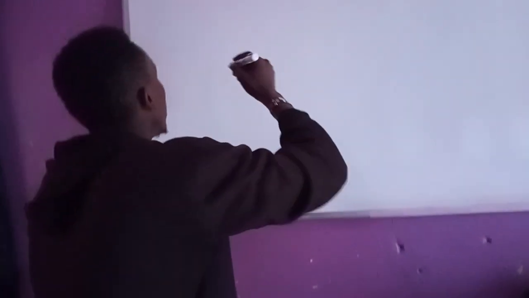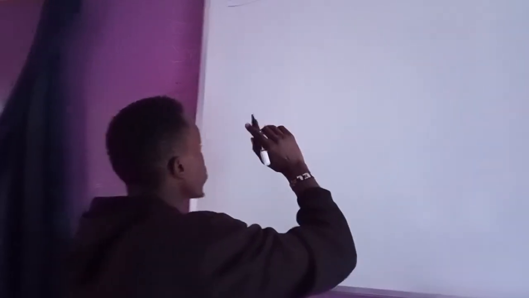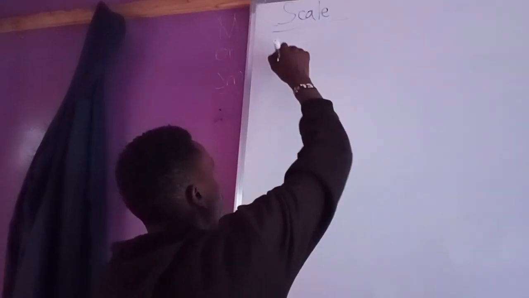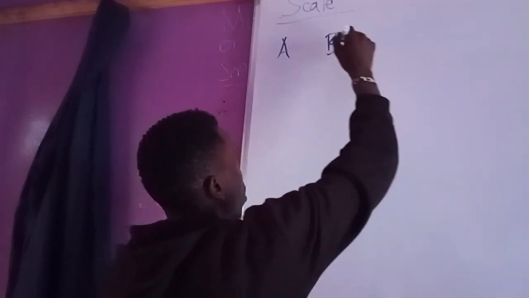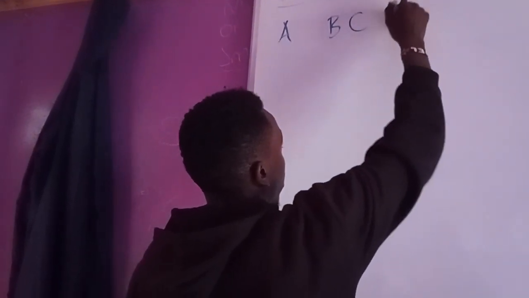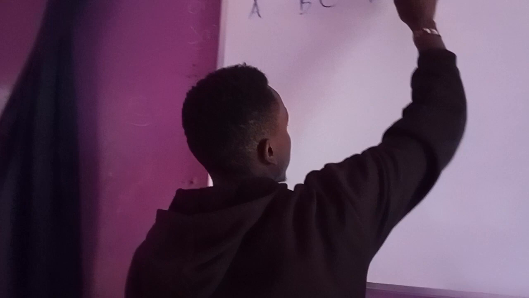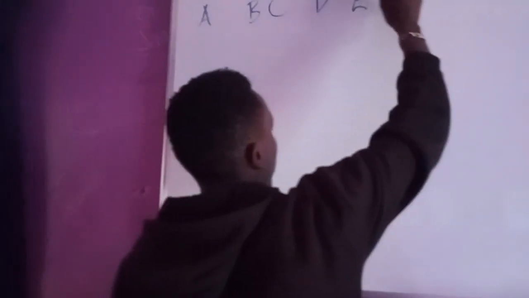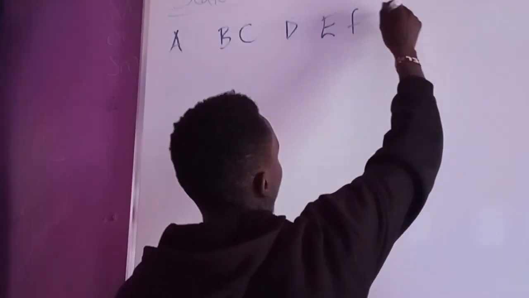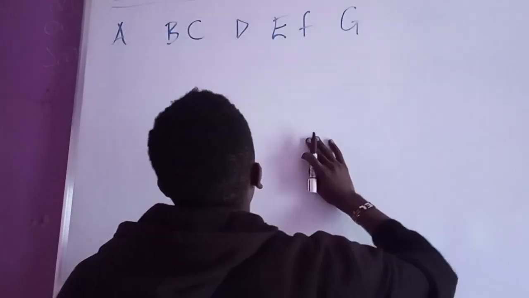Every sound that we produce is made up of a number of frequencies, and we name them: we have A, we have B, we have C, we have D, we have E, then F, and G.